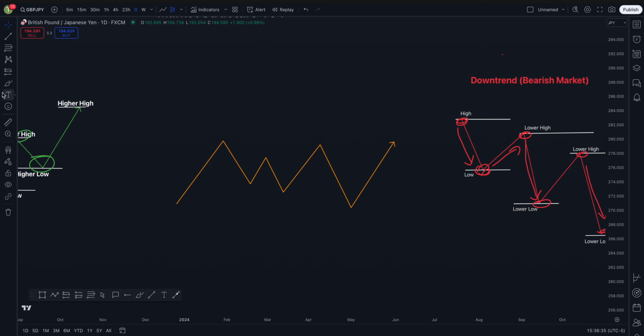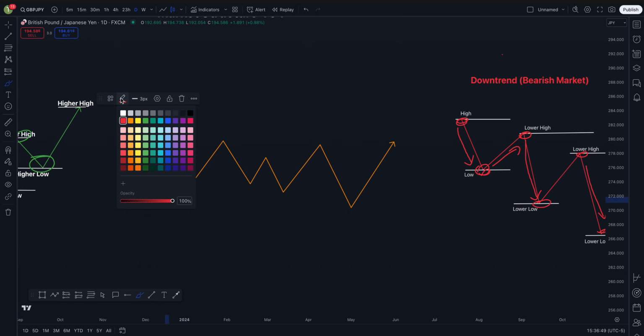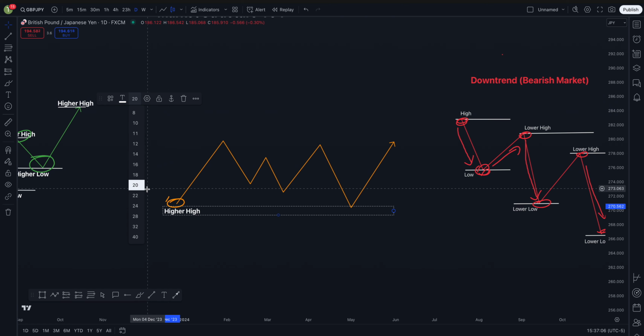So the first move that this candle would have made, let's put this in orange, would have been a low.